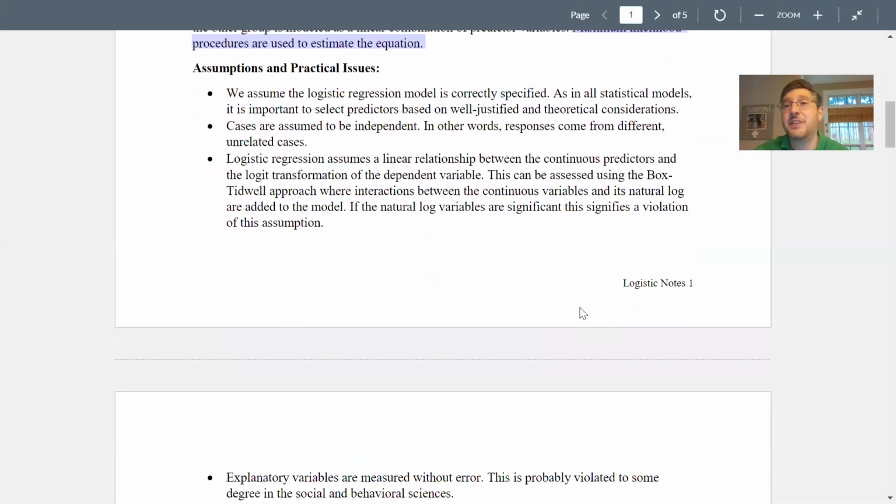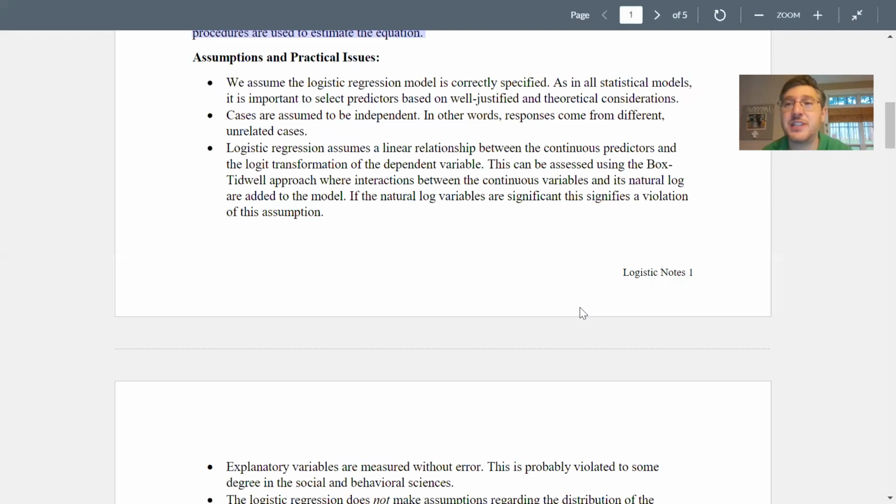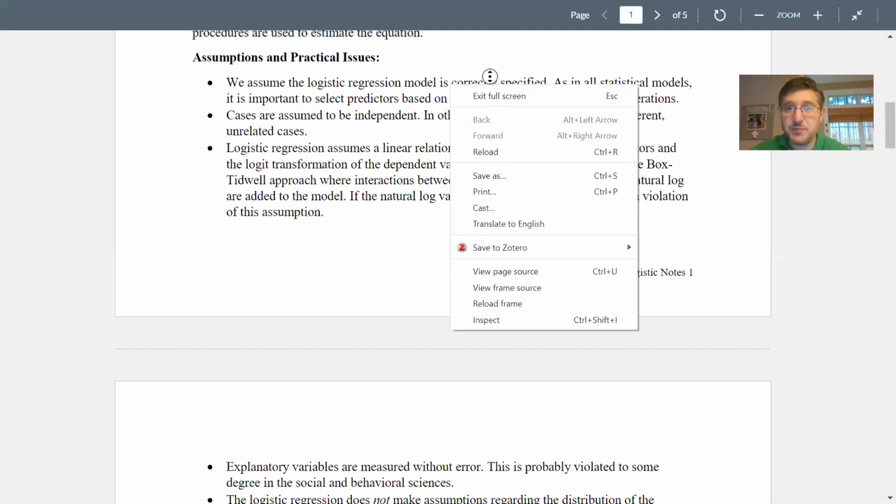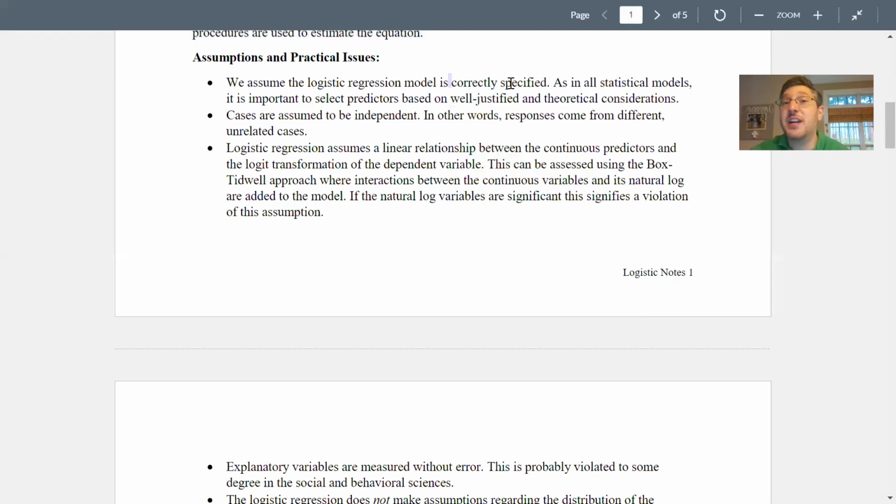So here are some different assumptions and practical issues that you should take into consideration when running a logistic regression. We're not going to check all of these in our example, but it's good to know for future reference. Basically, with all types of modeling situations, we assume that the model is correctly specified.